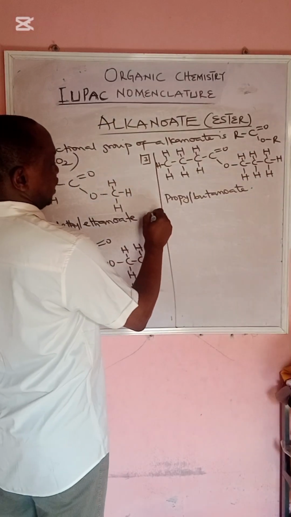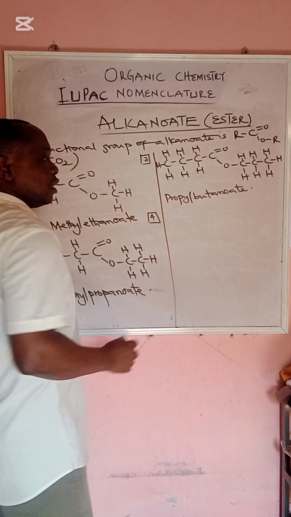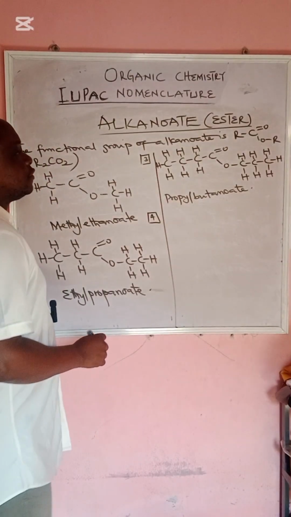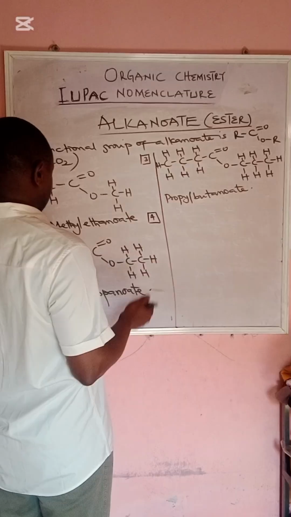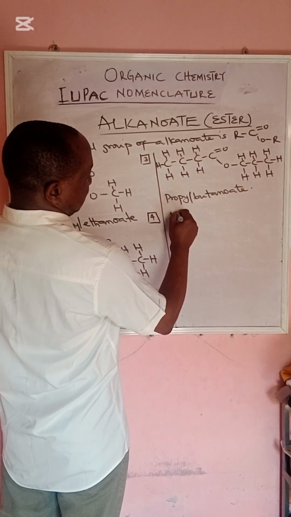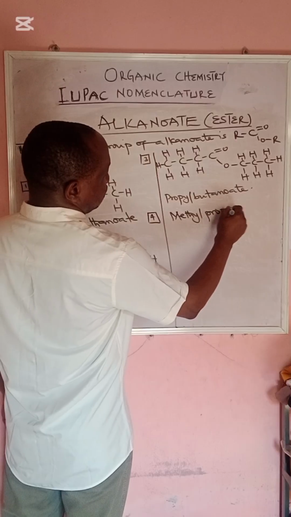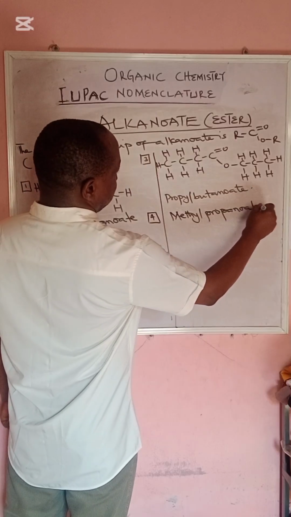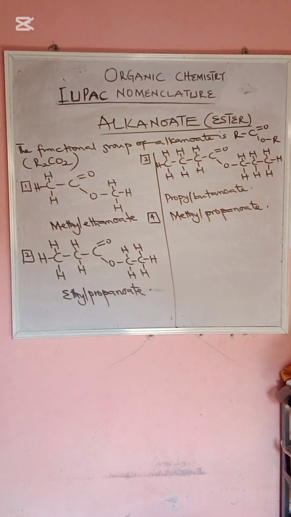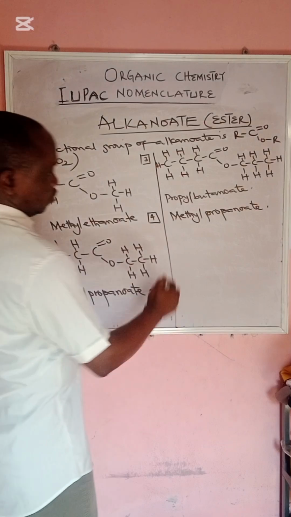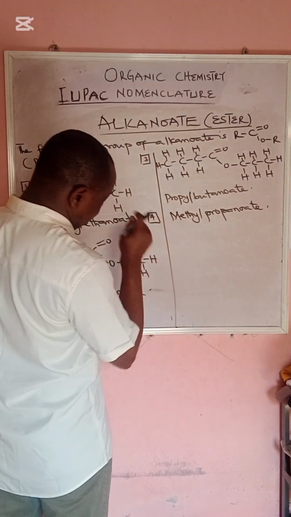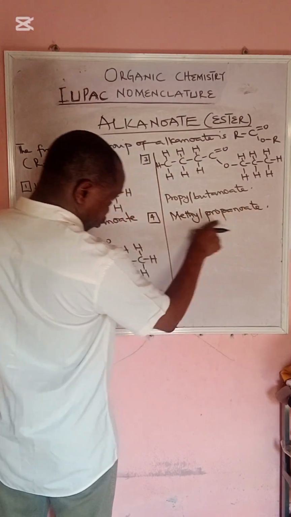4. Let's say you are given the name, then you have to write it down. Write the structure of methyl propanoate. You always start from methyl, or if you start from propanoate, no problem.